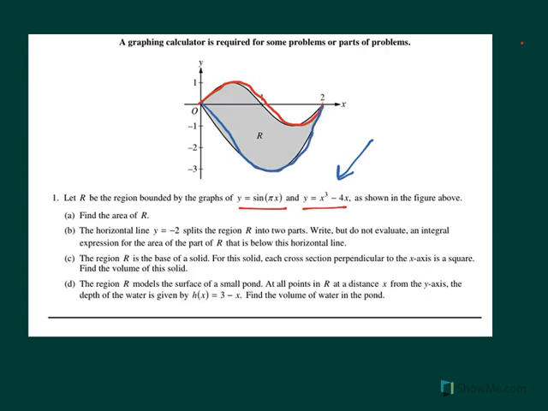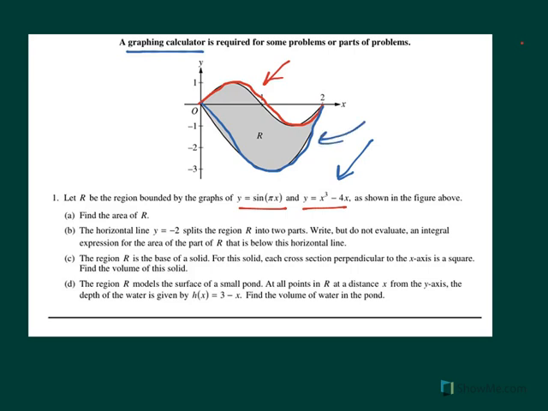If you're unsure, you can just double check this on a graphing calculator, since you're going to probably need to do that anyways for parts of the problem, so just double check that this is actually the sine equation and this one is actually the cubic function.